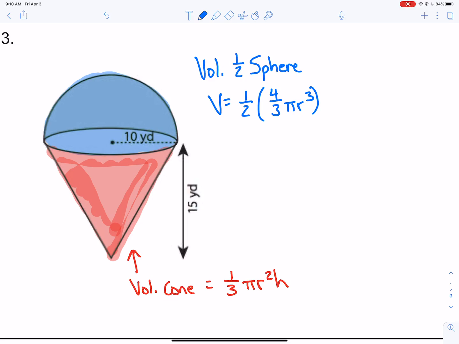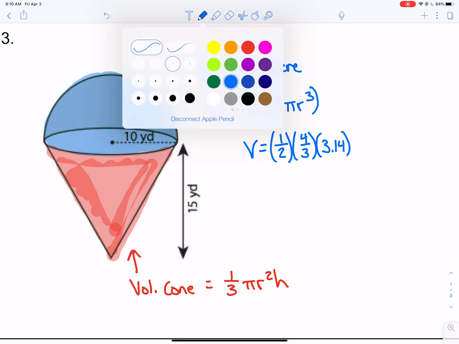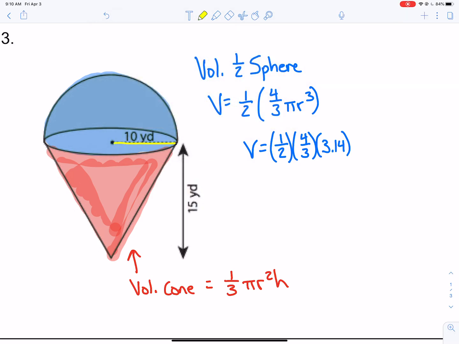So for the volume of half of the sphere at the top of our figure, I need to write 1/2 times 4/3 pi. Let's just use 3.14, but you do have a pi button in your calculator you could also use. And then the radius they have over here in the picture is the 10 yards.